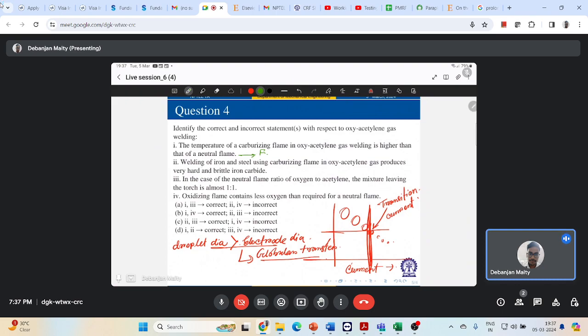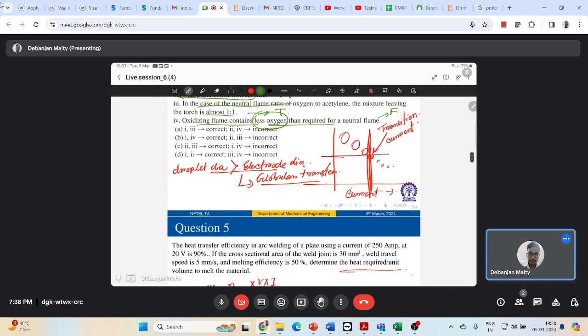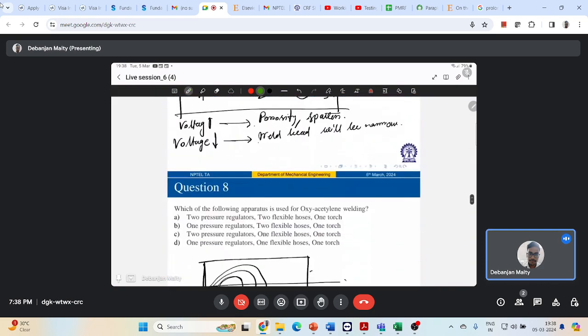Then I say that welding of iron and steel using carburizing flame produces very hard and brittle iron carbide. This is true. In the case of neutral flame, 1:1, this is true. And oxidizing flame contains less oxygen than that required for them. This is false, because I say less oxygen is required, which is not the case, right?